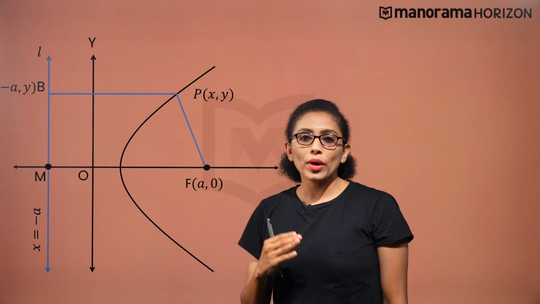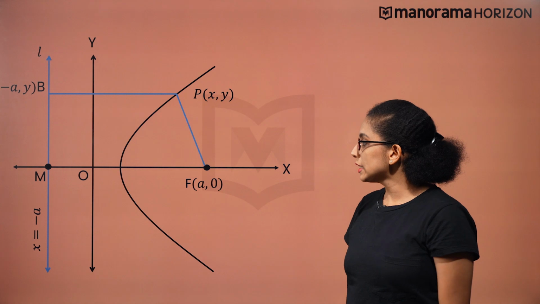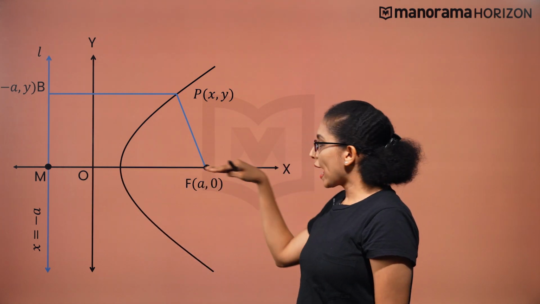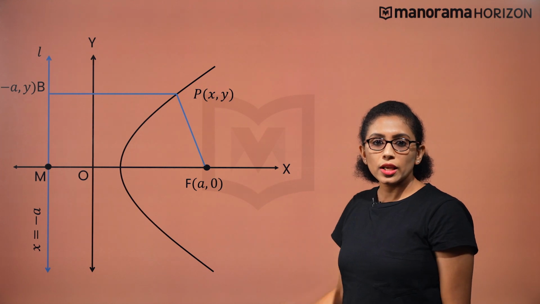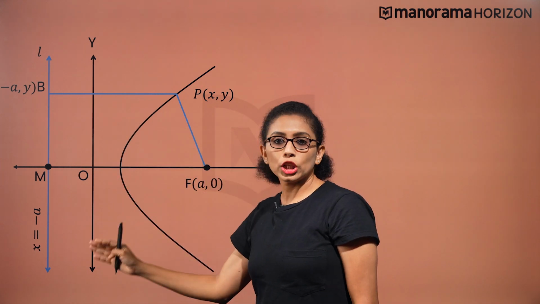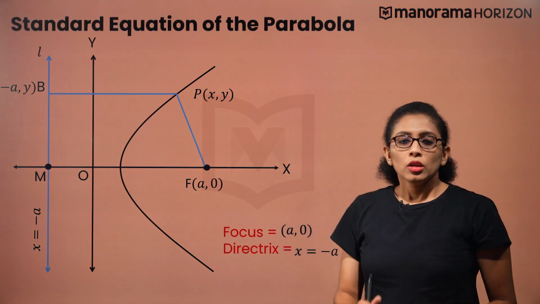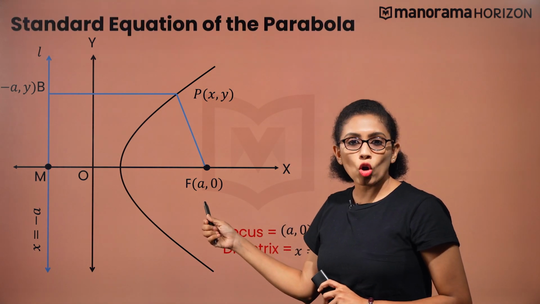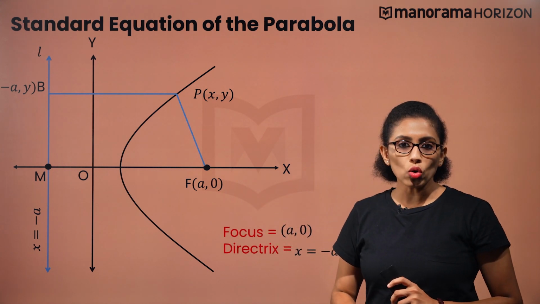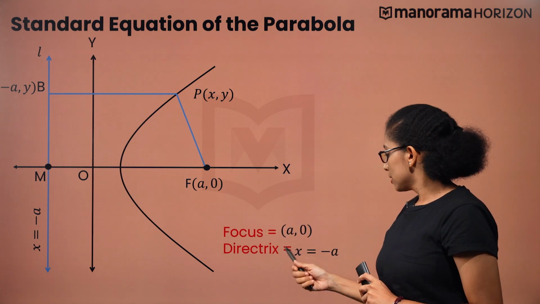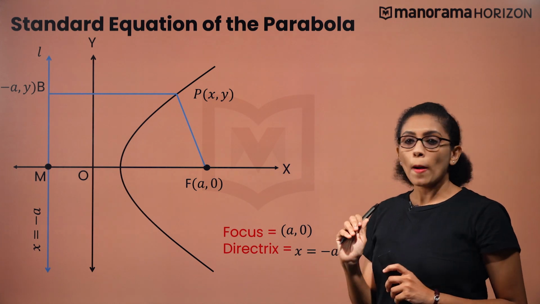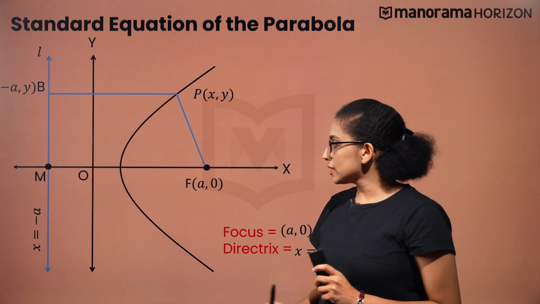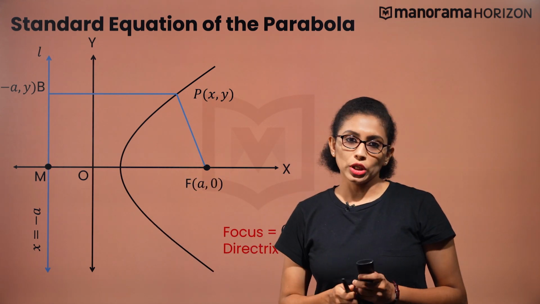Now to derive the equation of a standard parabola, take O as the origin and OX as the x-axis and OY perpendicular to the x-axis. Now consider the focus F at (a, 0) where a is greater than 0 and the directrix at x is equal to minus a. Now the directrix can be written as x plus a is equal to 0.